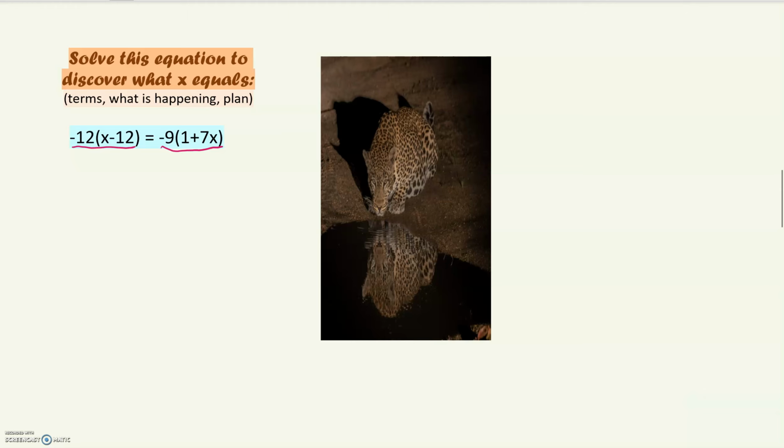That means that inside the parentheses, we have two terms. We have an x and we have a negative 12 on this side. And over on the other side of the equation, we have a 1 and we have a positive 7x. These two terms are separated by the negative sign, and these two terms are separated by the positive sign. We also call those signs subtraction and addition.